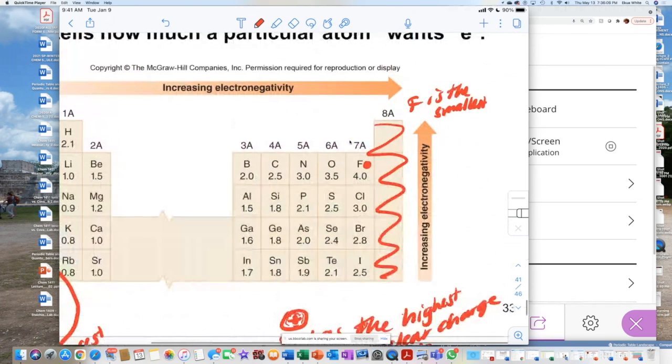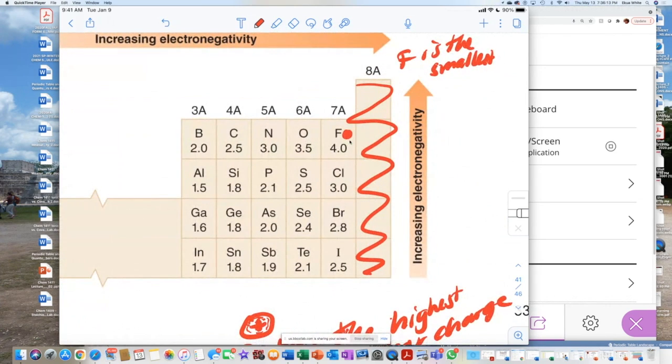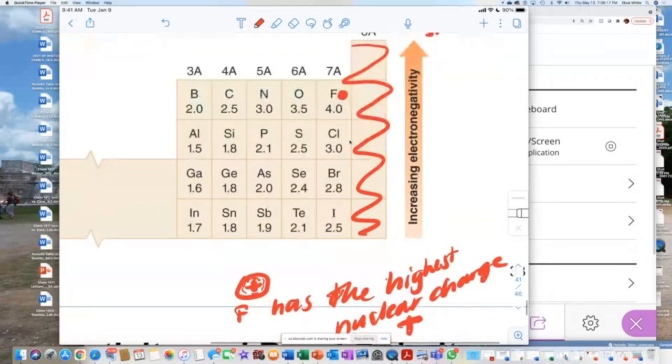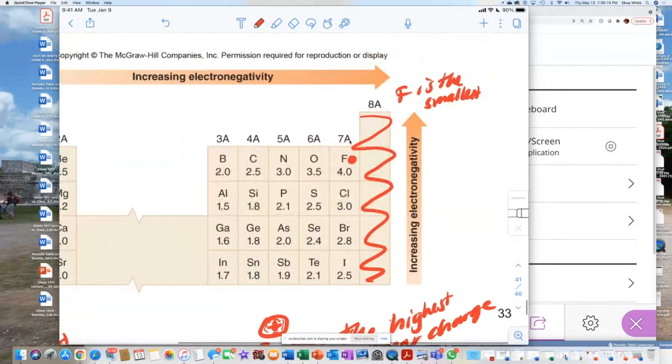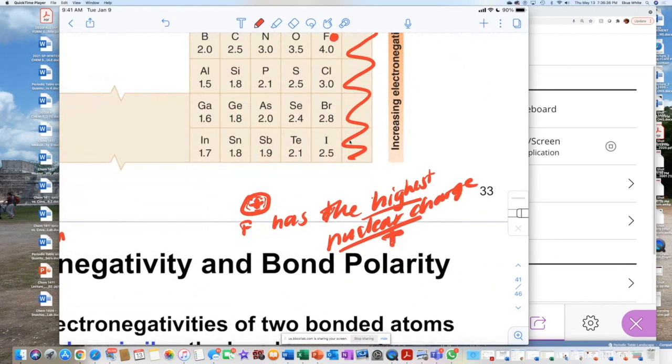Okay? Because of that, fluorine not only pulls its electrons to itself, it also pulls electrons from other elements. It's not personal. It's not like fluorine is very selfish, even though I went through school judging fluorine as being selfish. Fluorine has that behavior that it can't help because it has a very strong nuclear charge in its core.